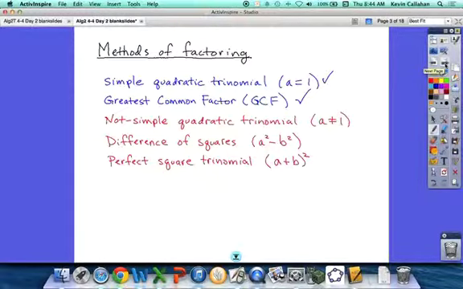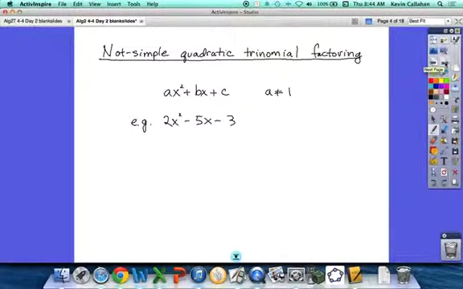This same slide was up last class. Right, so by not simple, we mean, remember, this is the standard form of a quadratic expression, ax squared plus bx plus c. No parentheses, highest degree term on the left. The a, b, and c are real numbers of some kind.